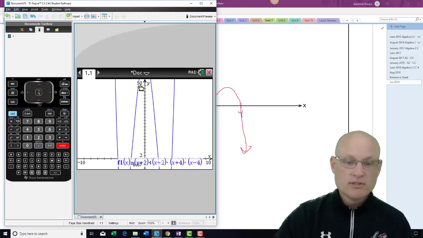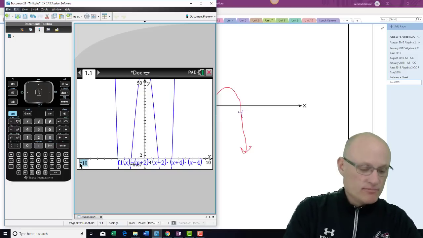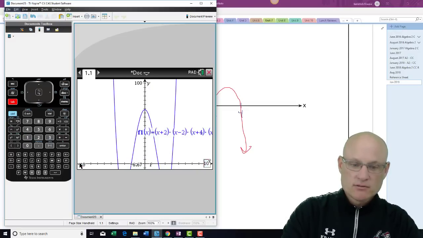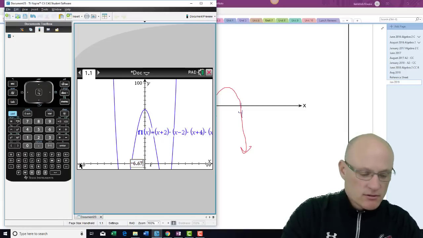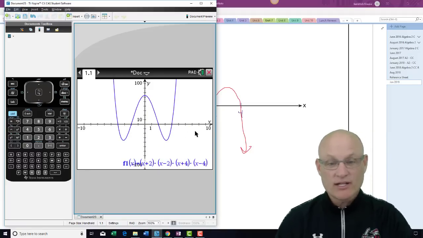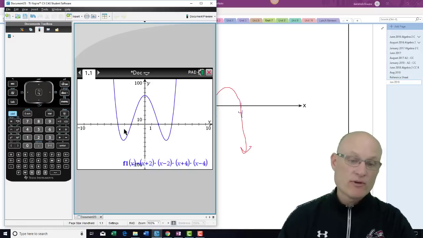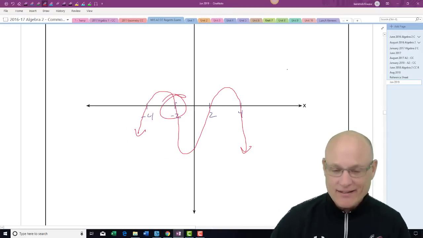Do you have to make it look like this? No. Change the window, 100, and then negative 100. See how it looks like this? Isn't that what mine looks like? Very symmetric. And the only reason it's going down is if I put a negative. So the roots are here. You got to plot. That's it.